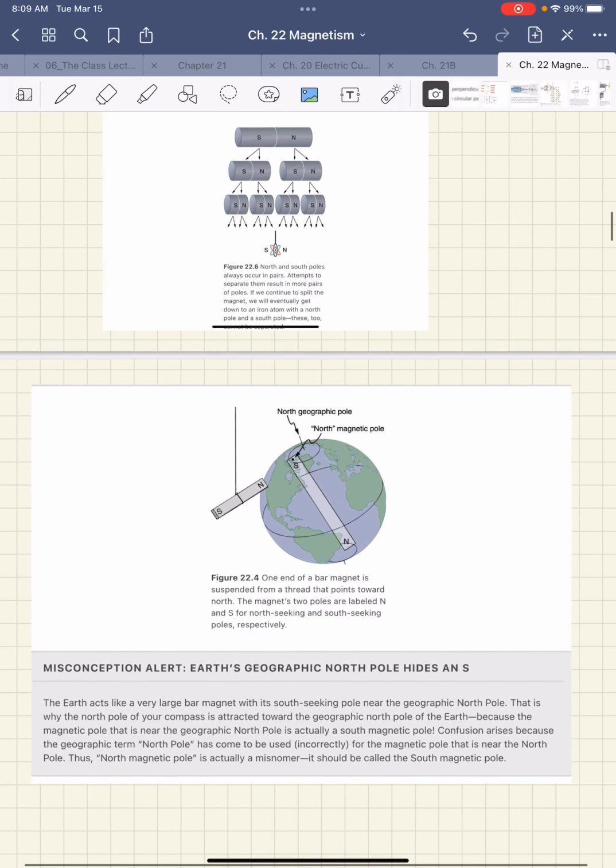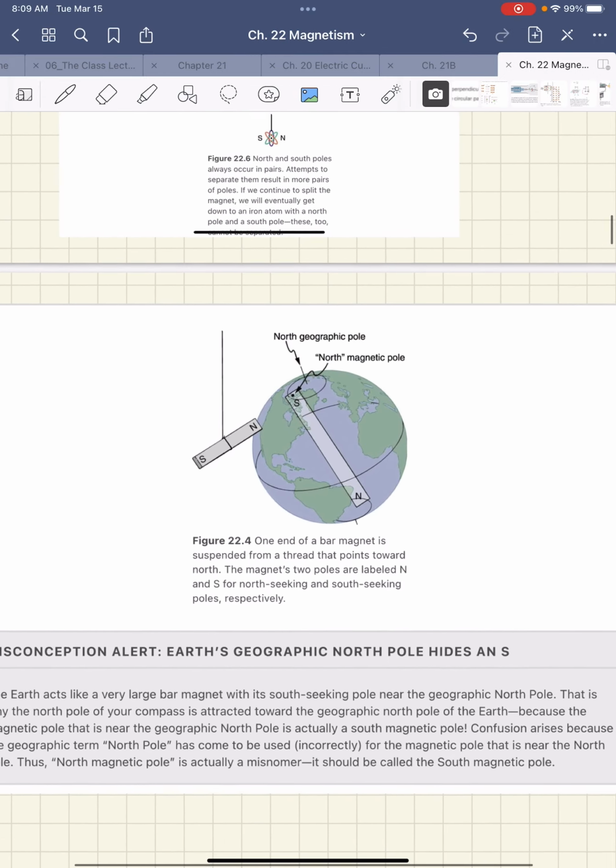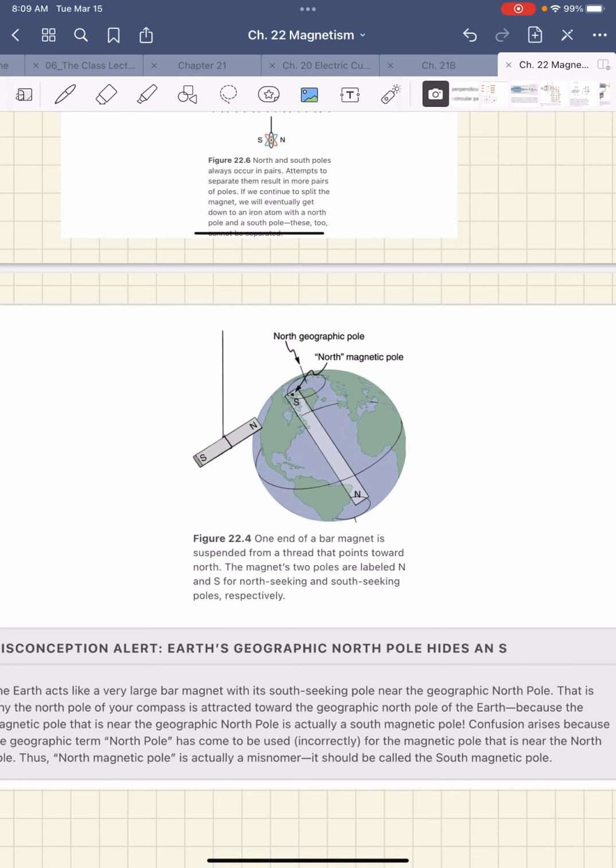Now, also something that we need to know is that inside the earth, because of the molten metals that we have and their motion, and we are going to know later that whenever we have a moving electric charge it is going to create a magnetic field, we have inside the earth a big magnet, where its south pole is hitting the north geographic pole, as the picture is showing you here.